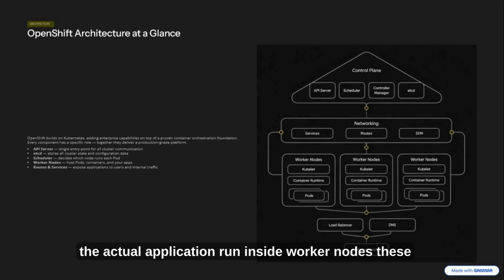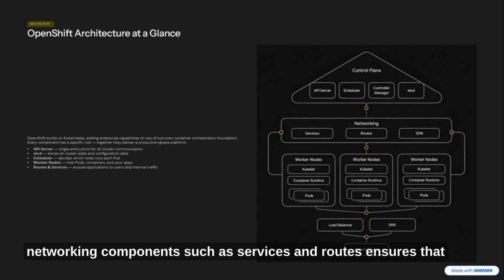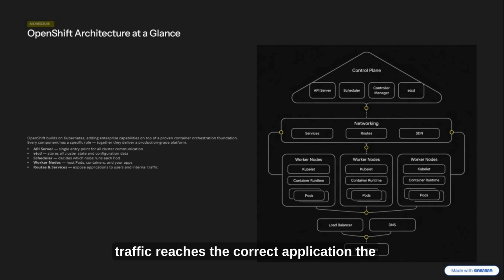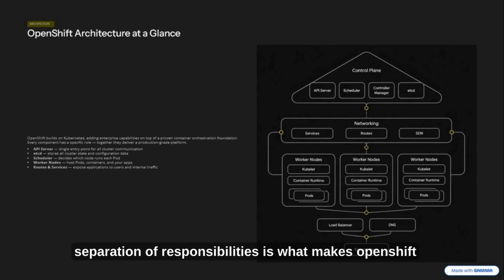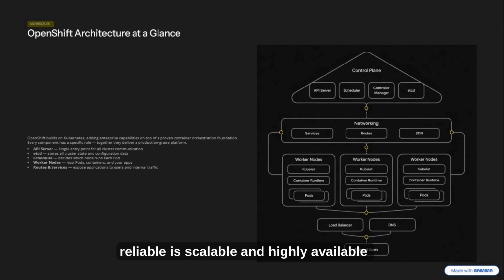The actual application runs inside worker nodes. These worker nodes contain pods, and each pod contains one or more application containers. Networking components such as services and routes ensure that traffic reaches the correct application. The separation of responsibilities is what makes OpenShift reliable, scalable, and highly available.